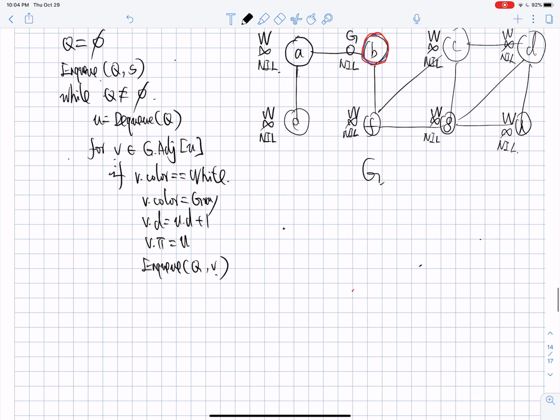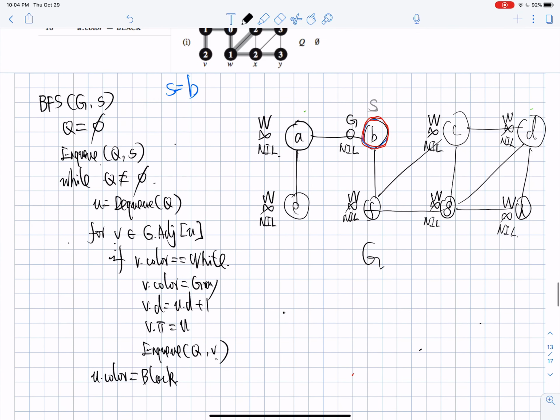After we finish this for loop, we associate the node u with a black color. This is what we do right over here.